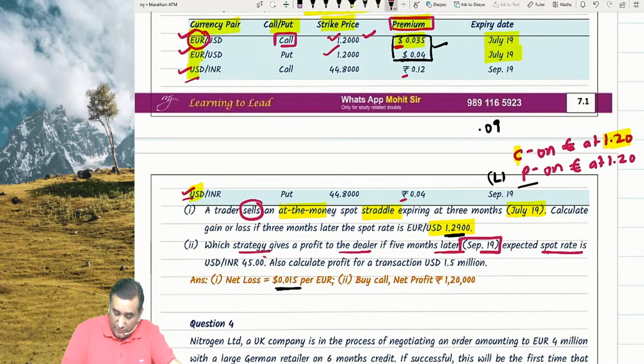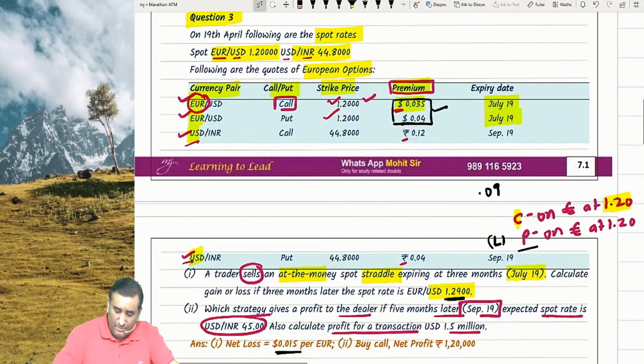Expected spot rate is 45. Also calculate profit and loss for transaction 1. Now he has asked which strategy gives profit to the dealer. He has asked you whether you will become a writer or a holder. Actually the wordings are not very clear. We'll assume only one thing. What is your price of a share?